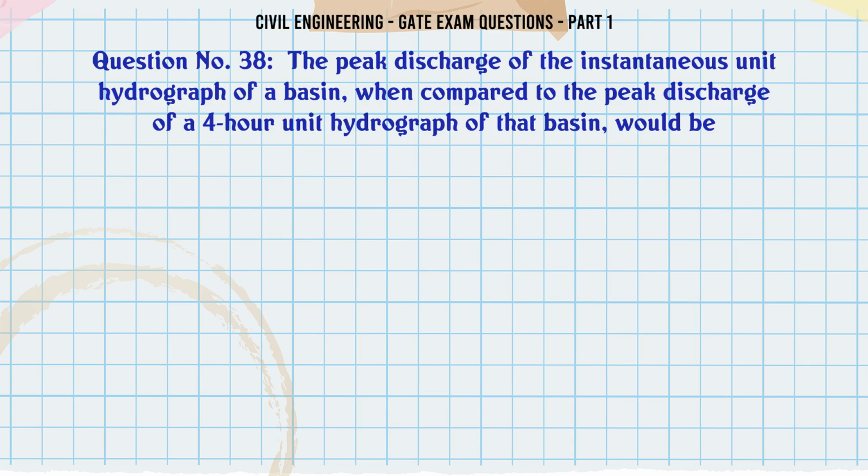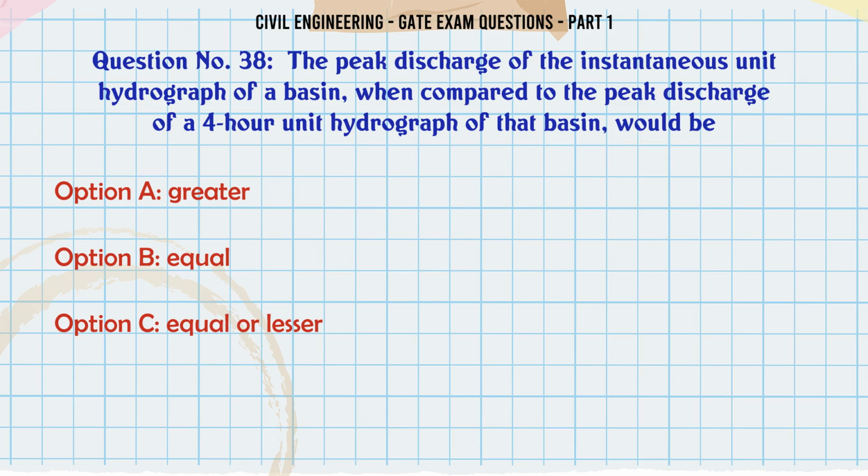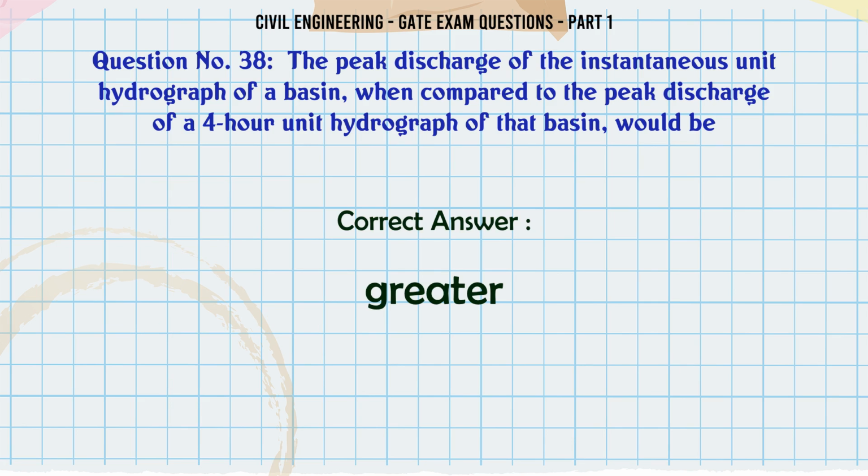The peak discharge of the instantaneous unit hydrograph of a basin, when compared to the peak discharge of a 4-hour unit hydrograph of that basin, would be: A, greater; B, equal; C, equal or lesser; D, lesser. The correct answer is greater.